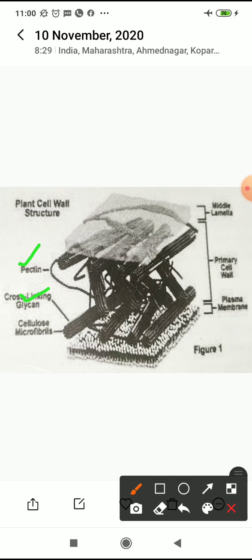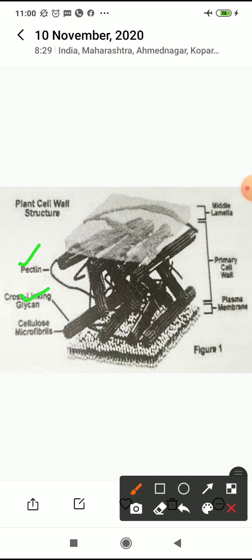It gives sufficient rigidity and strength to the plant body. It is permeable to water and solids. Lignin makes plant cell walls less vulnerable to attack by fungi or bacteria, like cutin, suberin, and waxy materials which are found in plant cell walls.